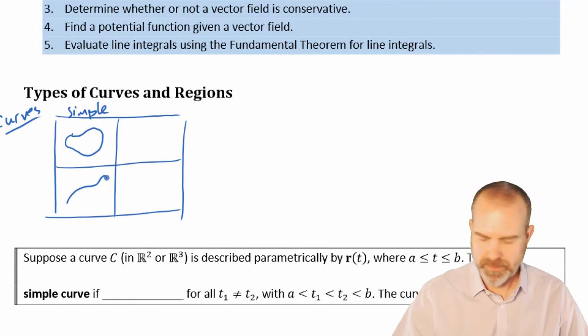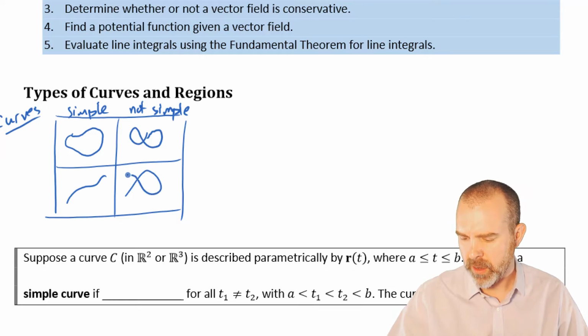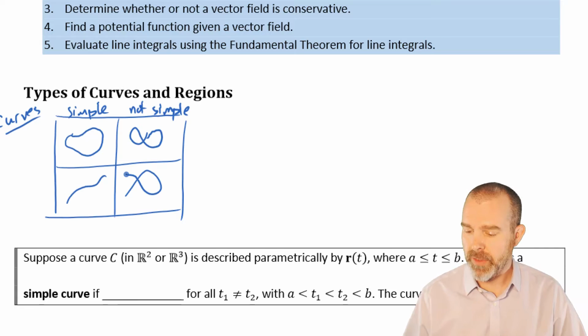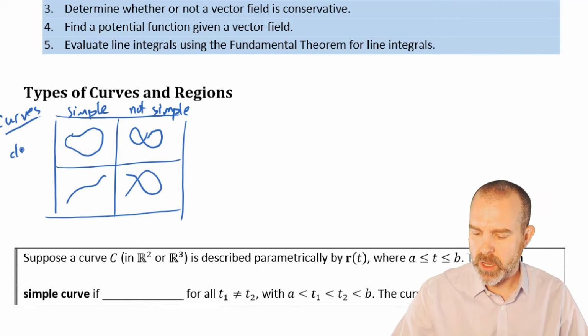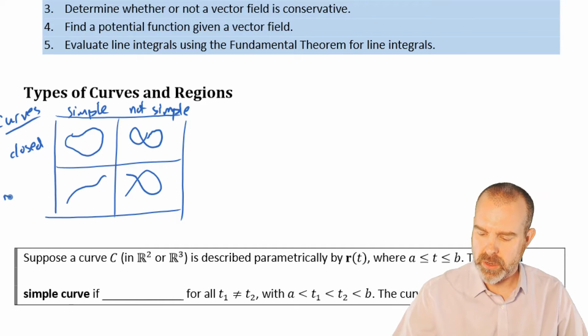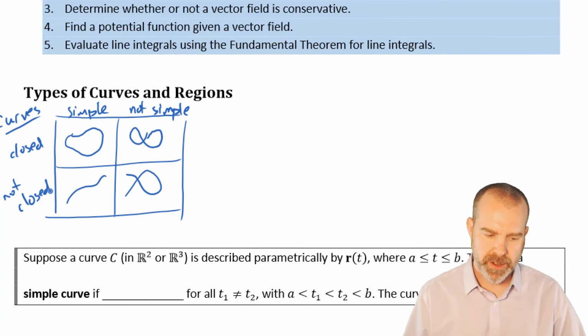And then not simple, maybe something like a figure eight or a path that crosses over itself. So simple means it doesn't intersect itself. And then we have closed and not closed. And you can see the difference there. Closed kind of loops all the way around back to where it started.